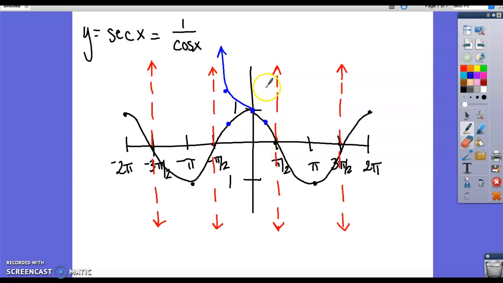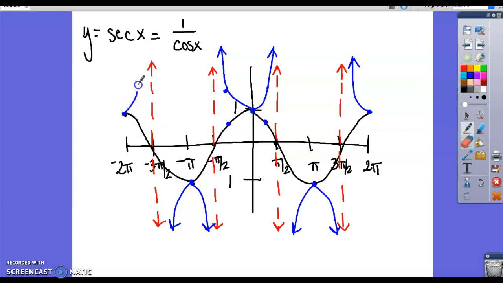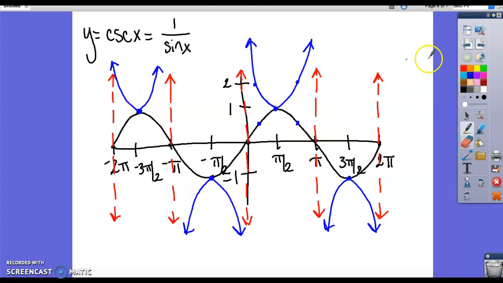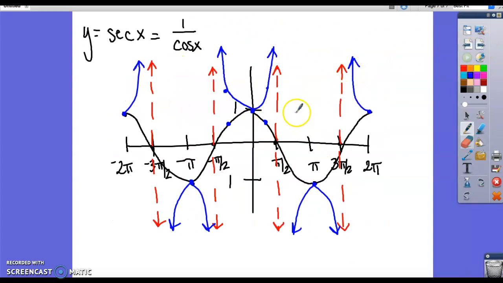If this is 1/2, this would be 2, and so it's going to look like this. So the graph of secant is going to look like that. So that is the graph of cosecant. This is the graph of secant.